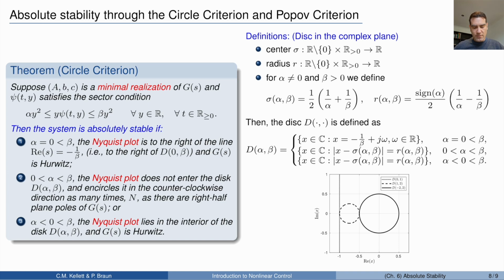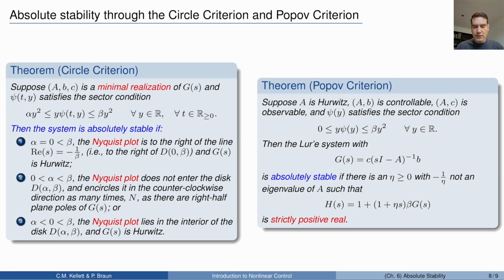There are ways to visualize the Nyquist plot, and to also visualize another set characterized here on the right hand side through this D alpha beta, where one can separate three different cases of visualization depending on the parameters alpha and beta. By looking at the Nyquist plots and these disks, one can check if one of these criteria here is satisfied, allowing one to make a statement about absolute stability.